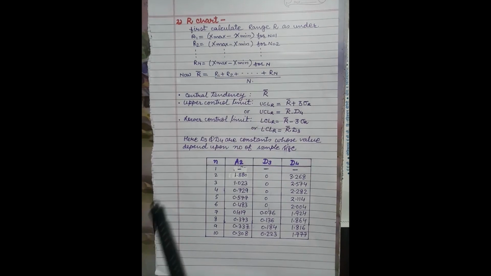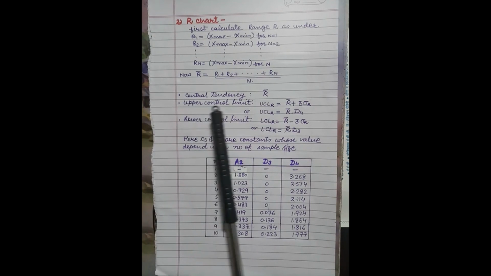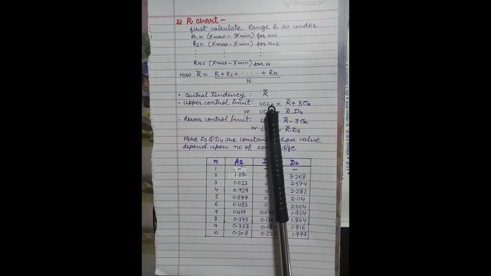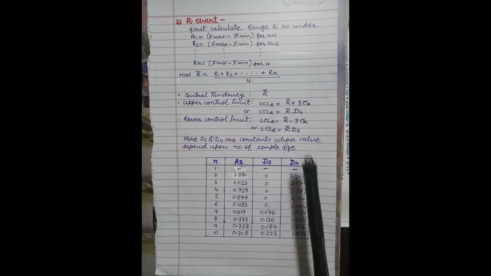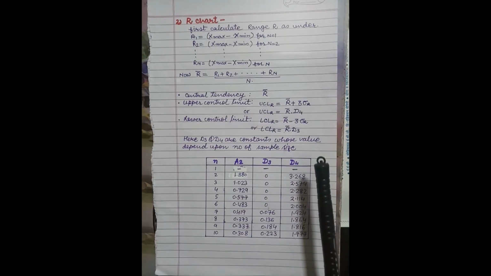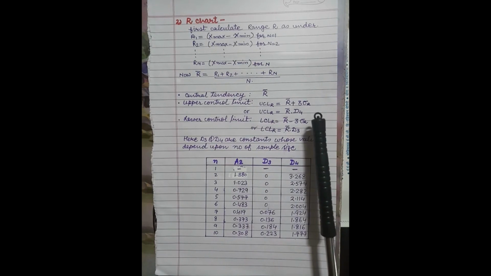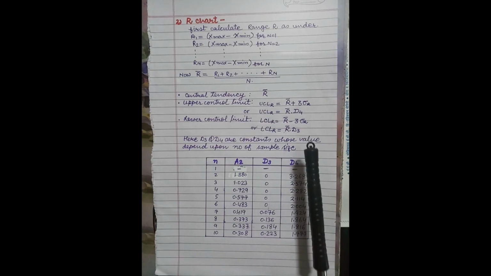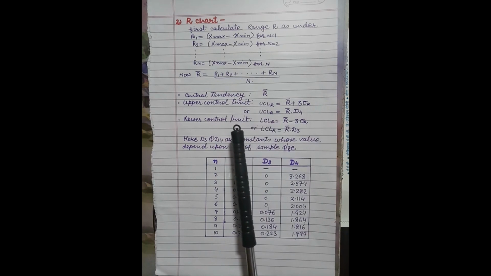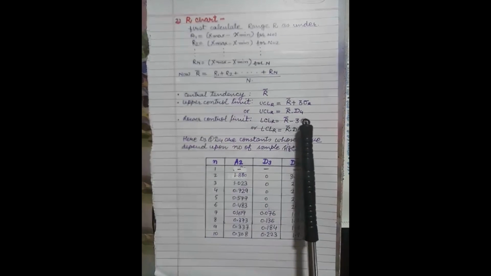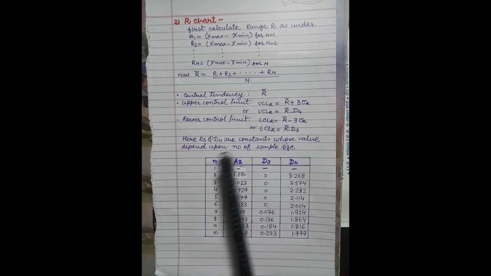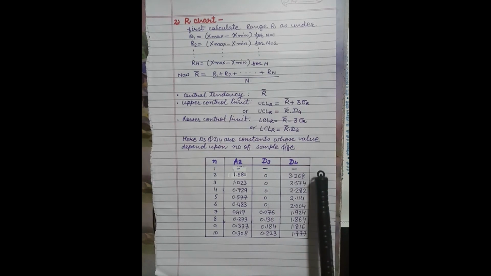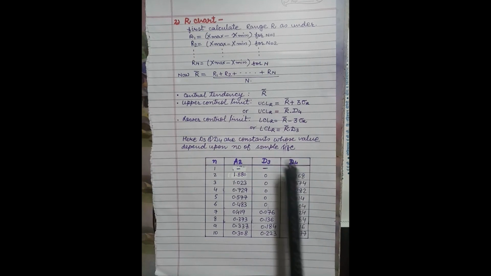Here again, the upper control limit for this R chart is R bar plus 3 sigma R. Here sigma R is the standard deviation for this range. It is not easy to calculate, so we will use a standard empirical relation, D4 times R bar. In the subsequent table, you can have the values of D4.